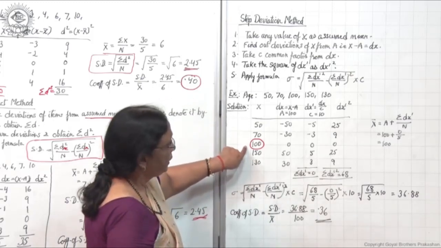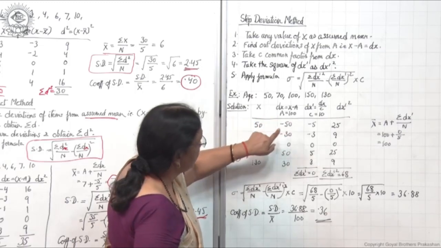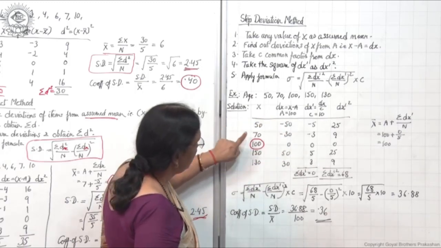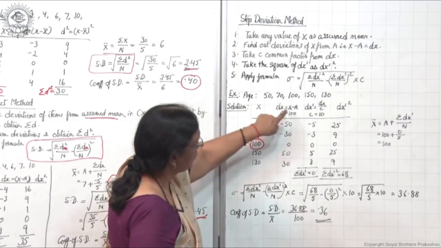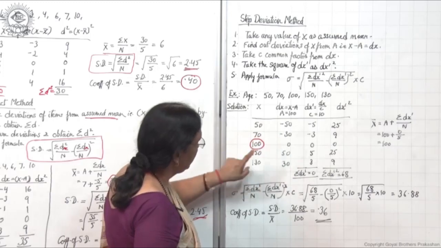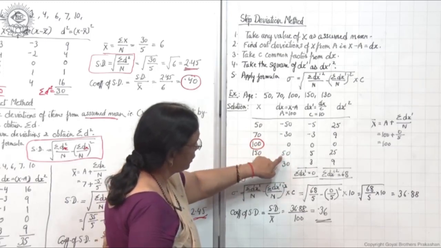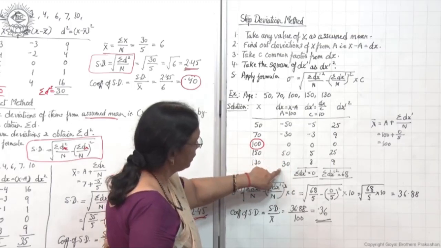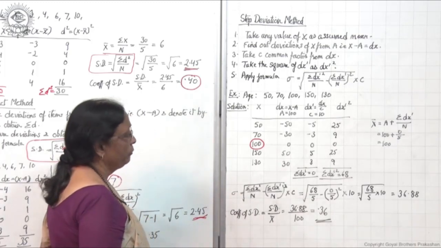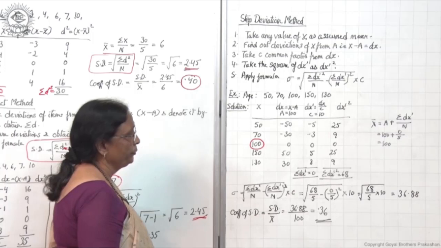Then a is 100, and dx will be x minus a: 50 minus 100 is minus 50, 70 minus 100 is minus 30, 100 minus 100 is 0, 150 minus 100 is 50, 130 minus 100 is 30. You will not ignore minus signs, you will take all the signs into consideration.